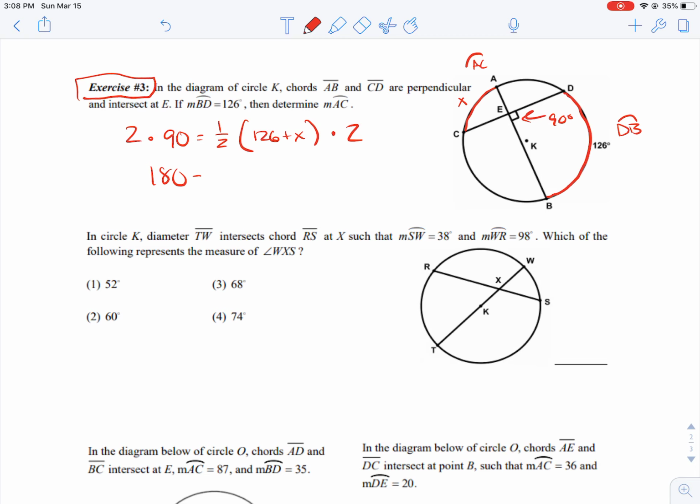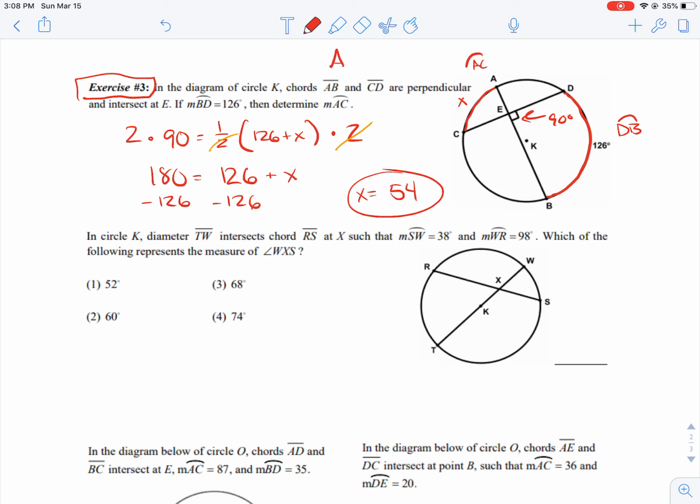And by doing so, your 2's cancel. And you're left with 126 plus x minus 126. X is equal to 54.